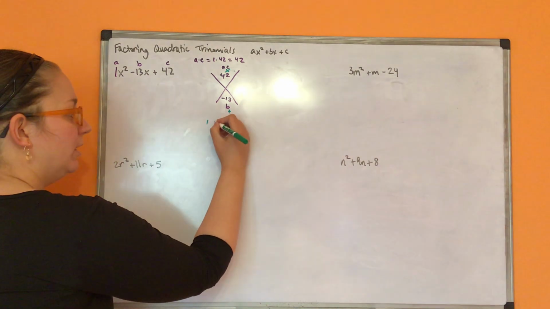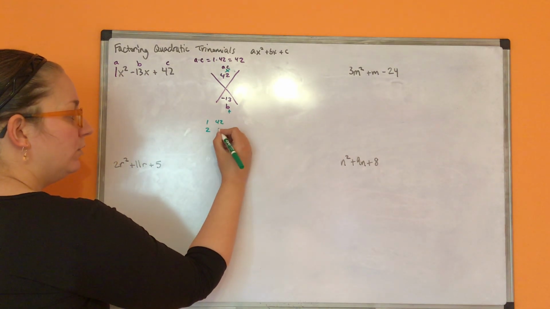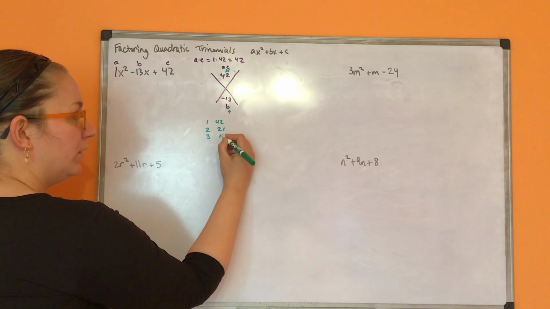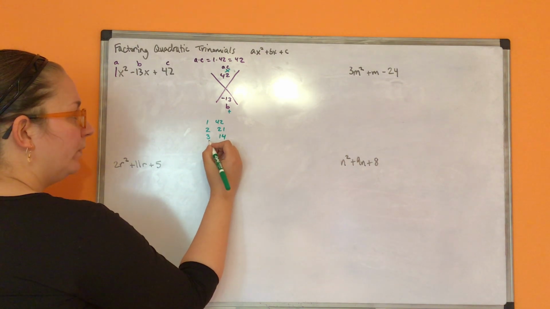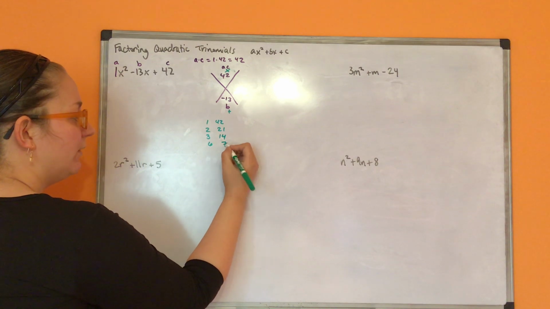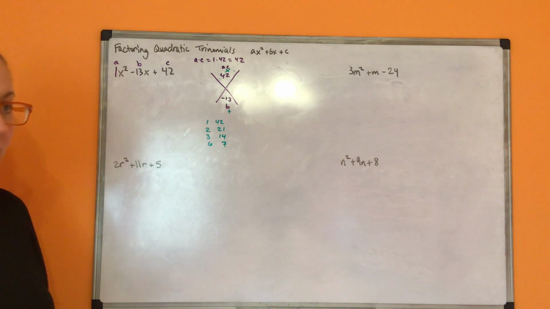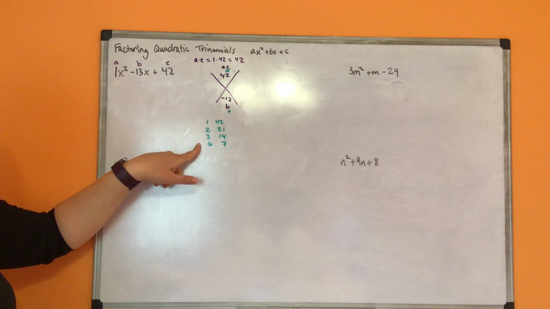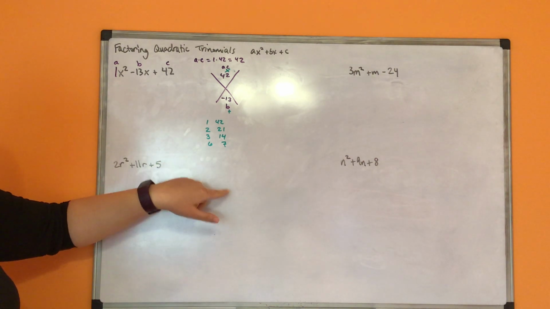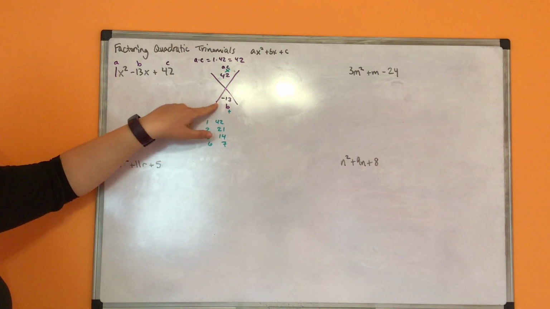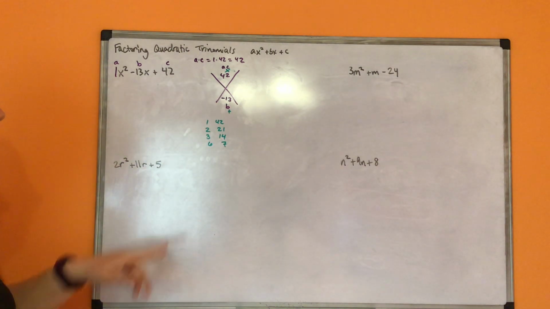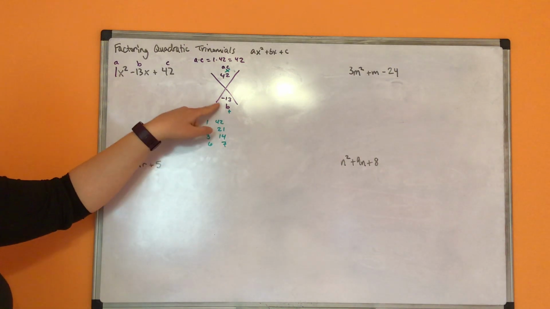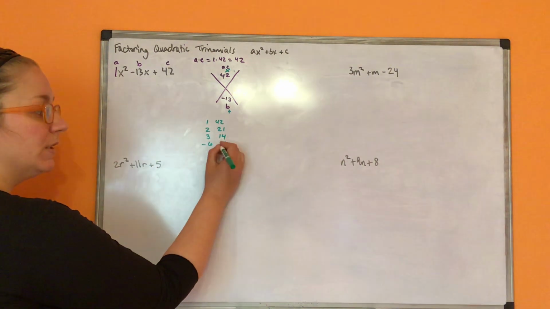I can do 1 times 42, 2 times 21, 3 times 14, and 6 times 7. Out of these, I need to pick the pair where I multiply and get positive 42, and I add and get negative 13. The only way that can work is if I use 6 and 7, but in order to get a negative 13, it needs to be a negative 6 and a negative 7.